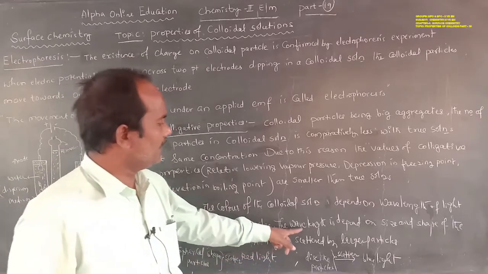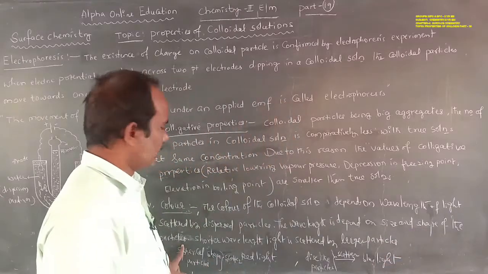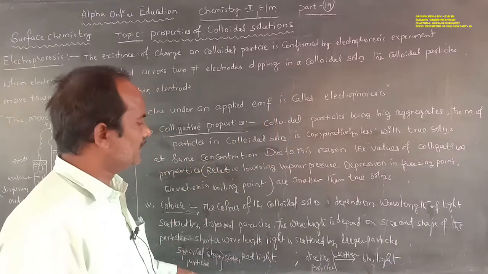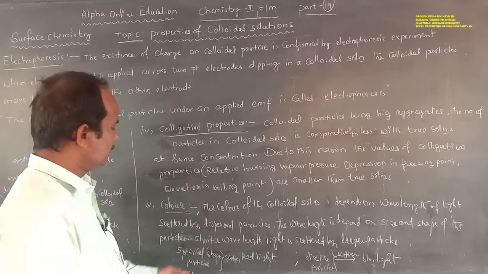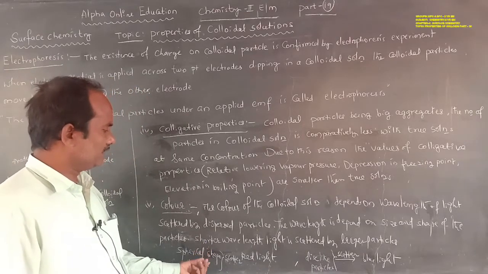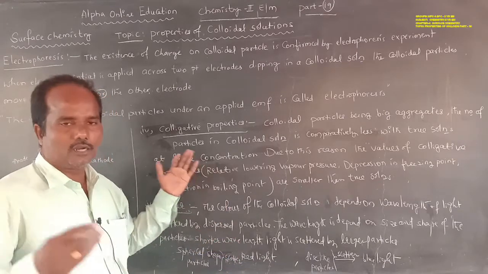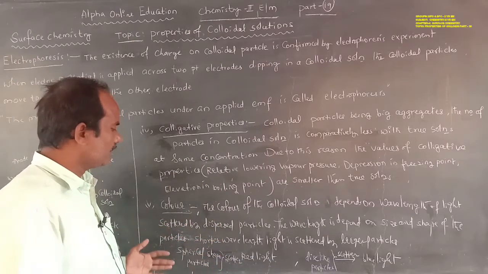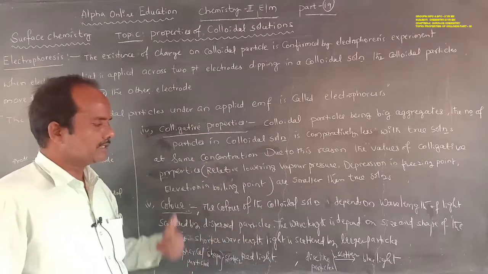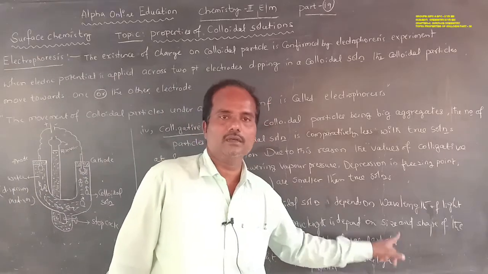The wavelength depends upon the size and shape of the particles. In general, shorter wavelength light is scattered by larger particles, and longer wavelength light is scattered by smaller particles.